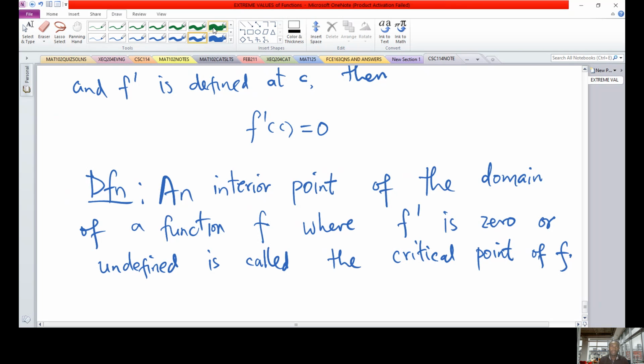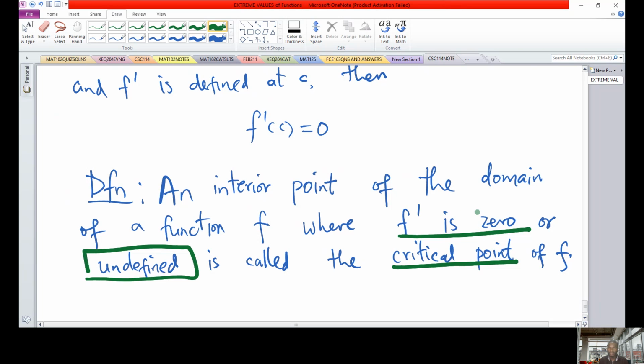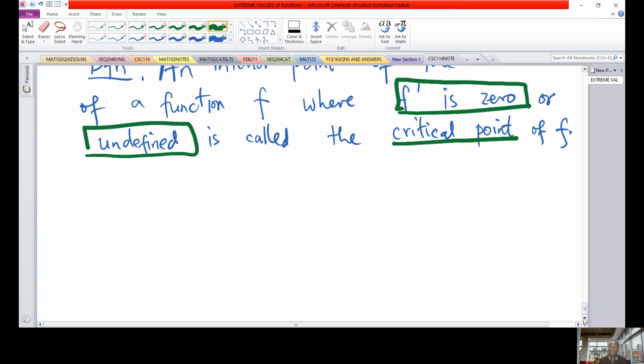So the key terms here, the critical point, and then f prime is 0 or undefined. So these are the keywords in this definition. Either the derivative of the function is not defined at that point or is 0.